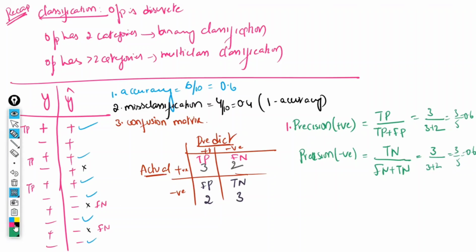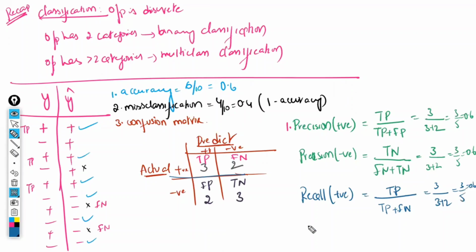Next one is recall. Recall of positive is based on actual positives. Actual positives are TP and FN, out of which TP is correctly predicted. That is 3 divided by 3 plus 2. In my case, I am getting 3 divided by 5 for all of them.